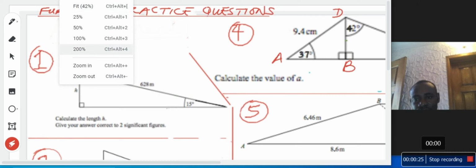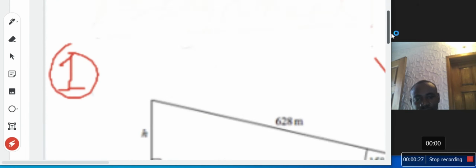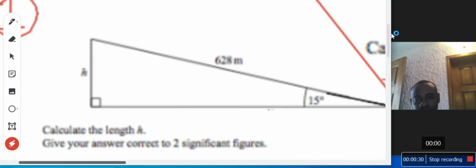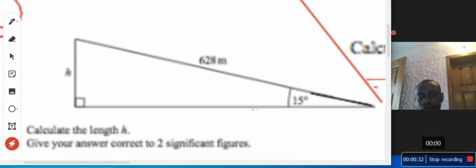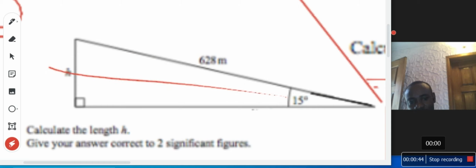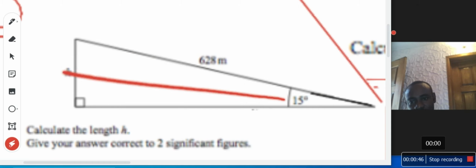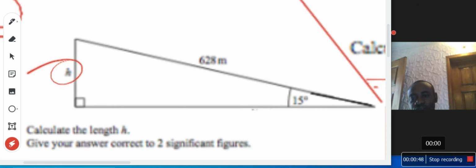I'm going to use cos. Are you sure? H is what? Adjacent? Are you sure? This is the angle given, so what is this side? This is opposite. Okay, H is opposite.